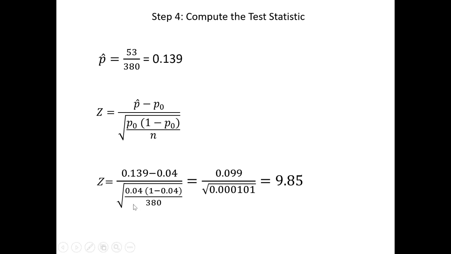That's going to depend on the sampling variability that we'd expect to see. How much will the p hat change just due to random chance? That's what the bottom tells us. So we divide and we obtain a z-statistic of 9.85. So that's step 4, just showing that calculation.